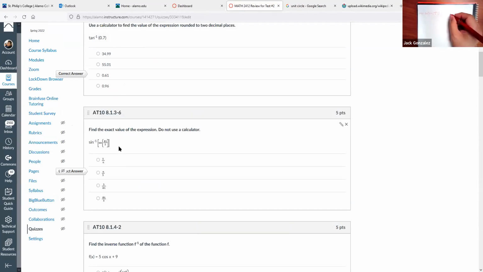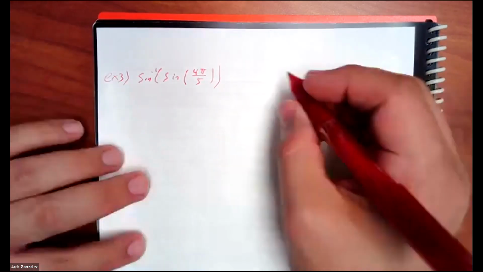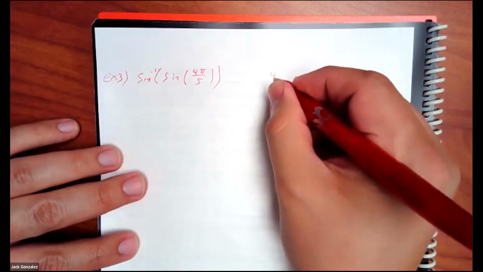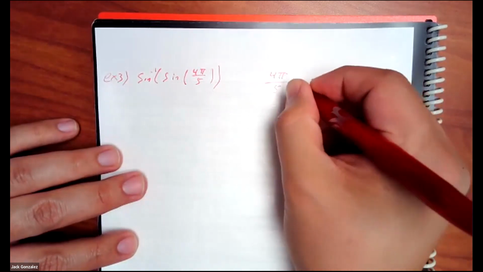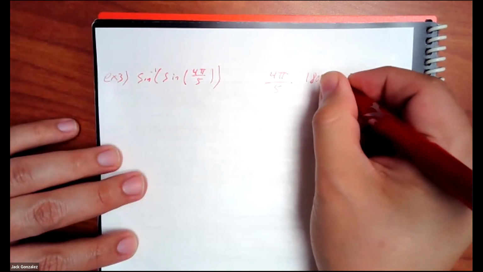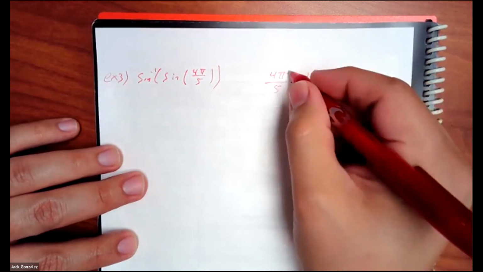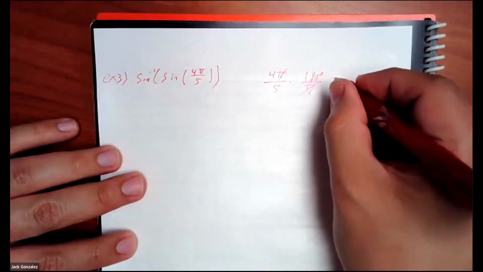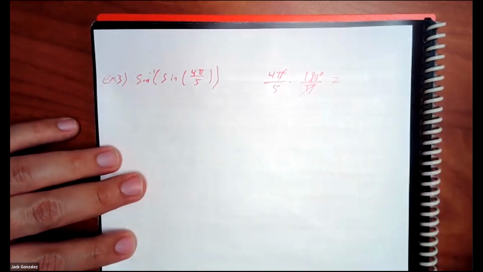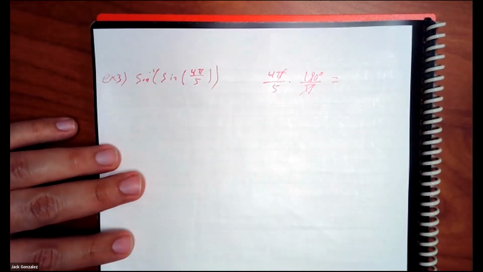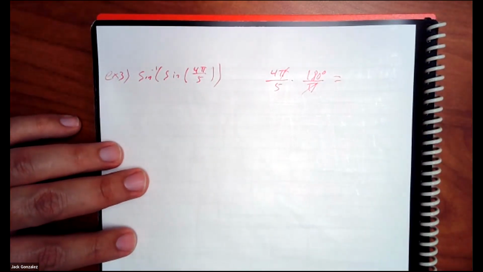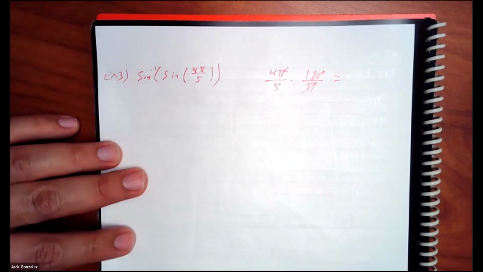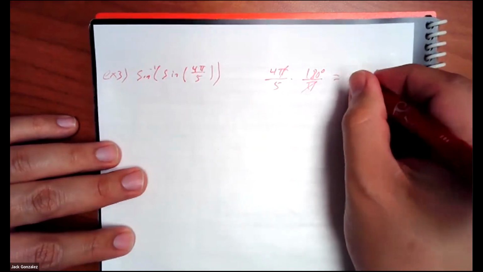So change 4 pi fifths. Let me switch back to the pad here. Change this guy so you can see it better into degrees. 180 divided by 5 is going to be what? 36 times 4. You get 144 degrees.